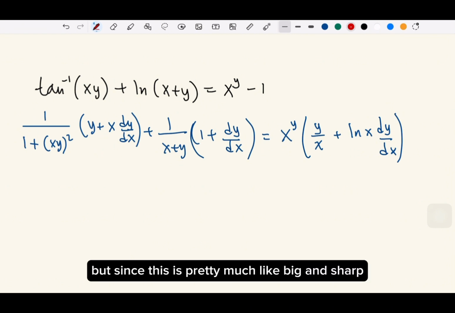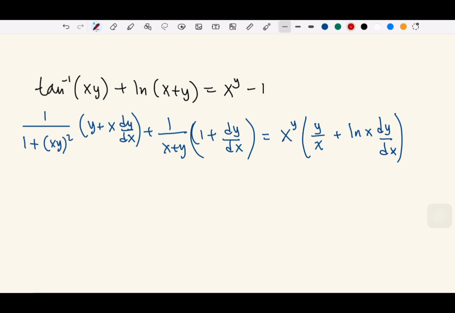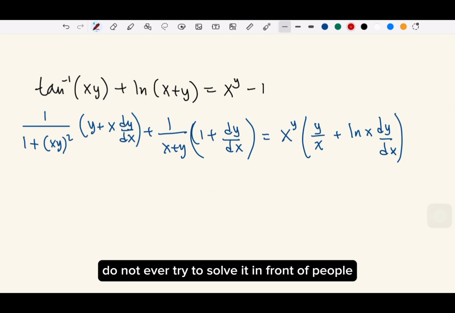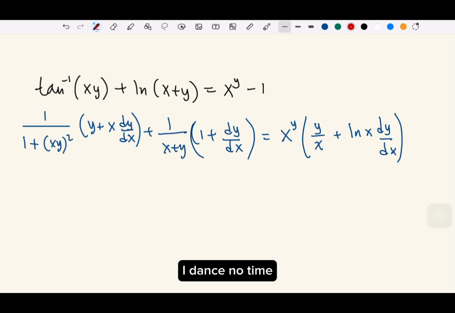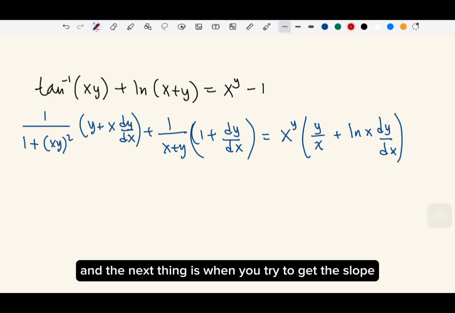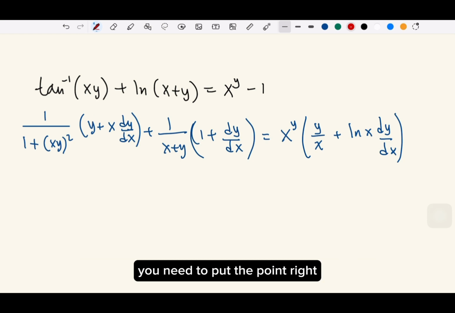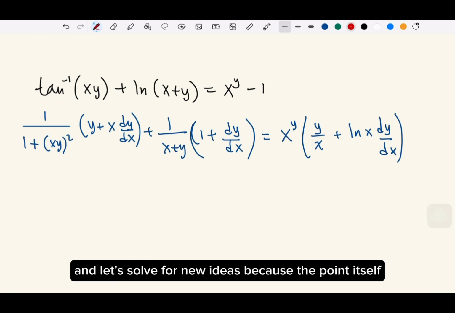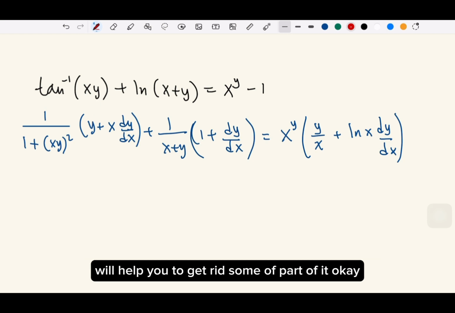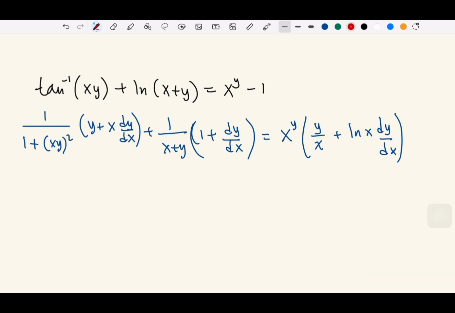But since this is pretty much big and chunky, my suggestion: do not ever try to solve it in terms of dy dx. No time. So just keep this. And when you try to get the slope, you need to put the point, right? So let's just put the point and then solve for dy dx, because the point itself will help you get rid of some parts of it, okay?